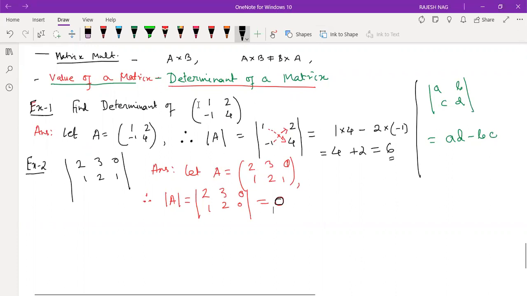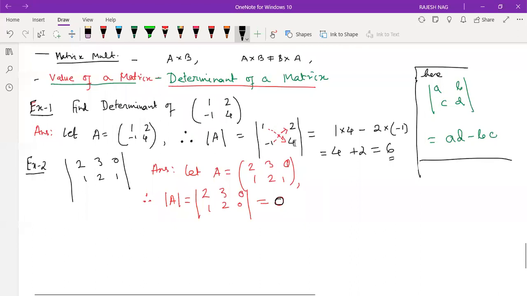If there is a 2 by 2 matrix, we know that it is a square matrix. Example 1, 2 by 2 matrix. For a 2 by 2 matrix determinant, you have to calculate in the AD minus BC form. Let 1, 2, minus 1, 4.